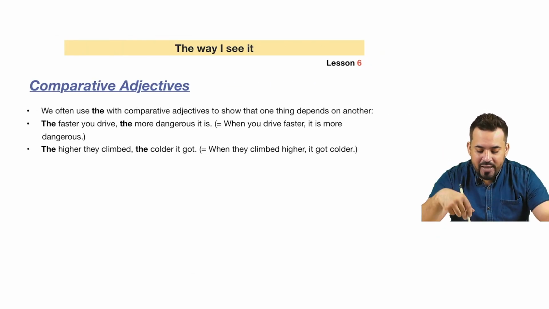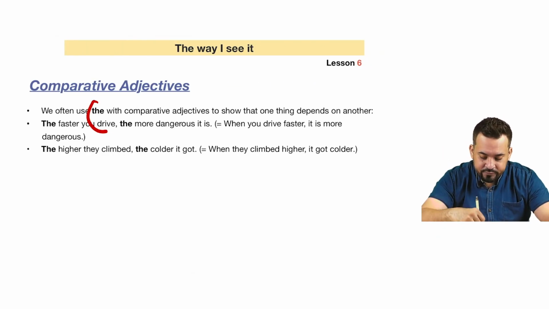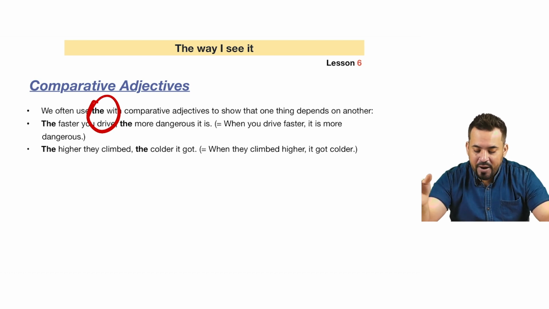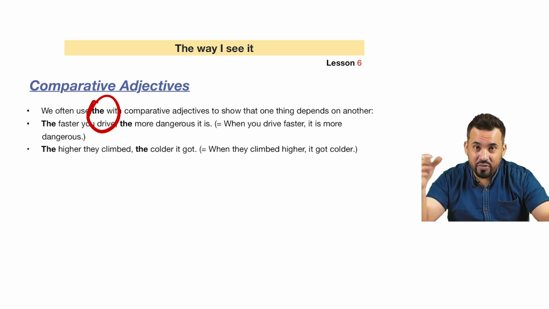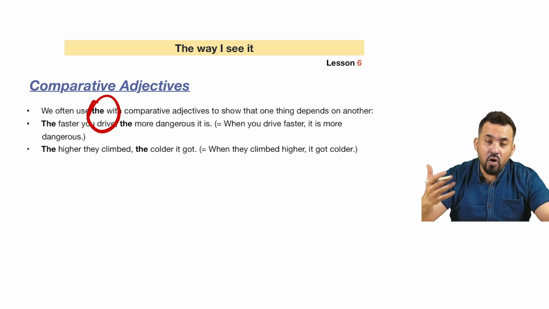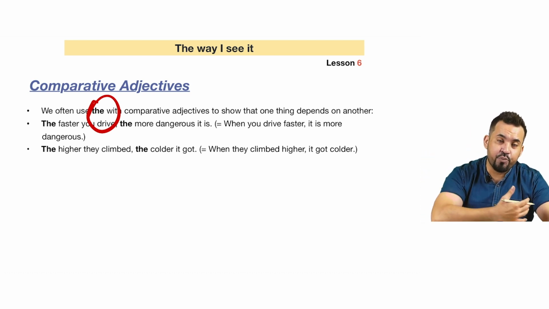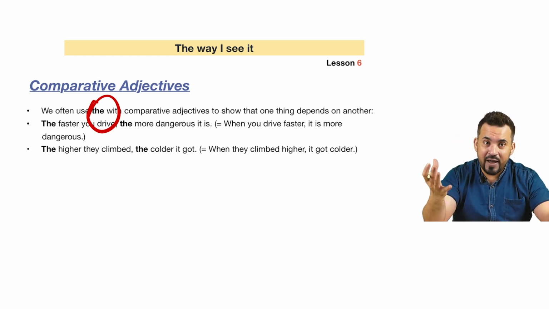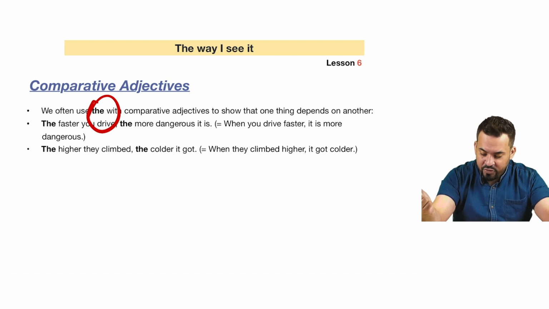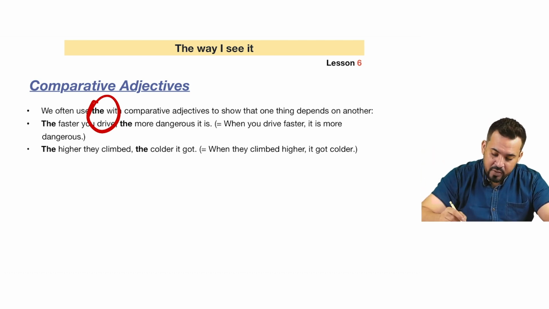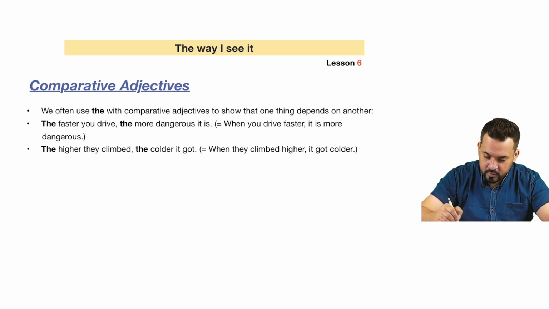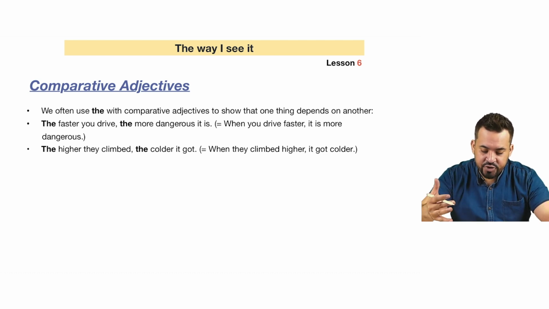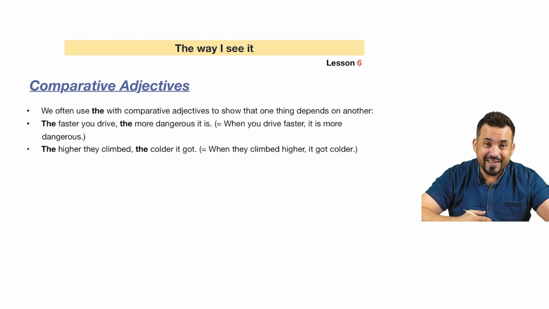Now, we often use the with the comparative adjective to show that one thing depends on the other. Normally, the is used with the superlative adjective, but we also can use it in the comparative adjective to show that one thing depends on the other one. Let's take a look. The faster you drive, the more dangerous it is.